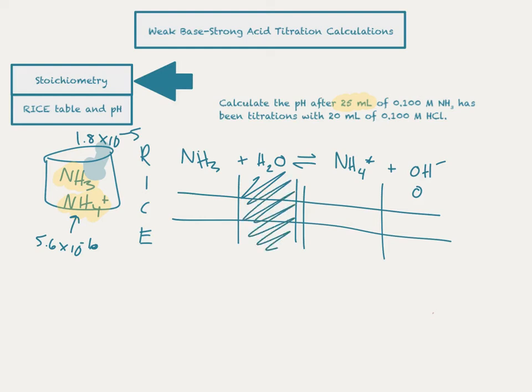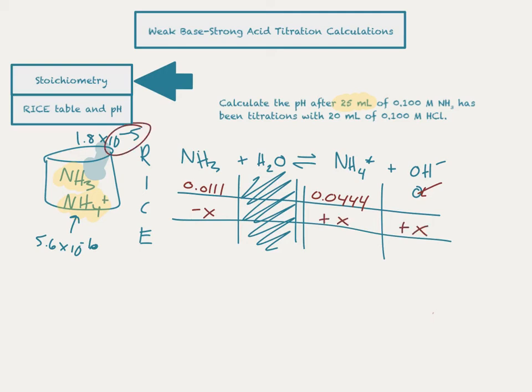So all we need to do is fill in our initial concentrations from the first half of our problem, which were 0.0111 and 0.0444. And then realize that if there's a 0 here, we're going to be subtracting some x from this side and adding it to both sides.